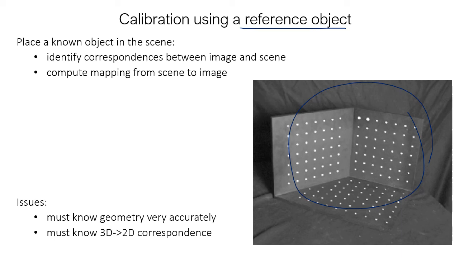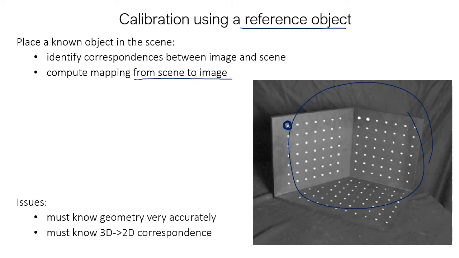So we place a known object in the scene and capture this scene by camera, and we should identify the points in here to points of images. So we should know the accurate 3D coordinate of this point, this point, and also we should know this point is corresponding to the point in the image. So we compute the mapping from scene to image.